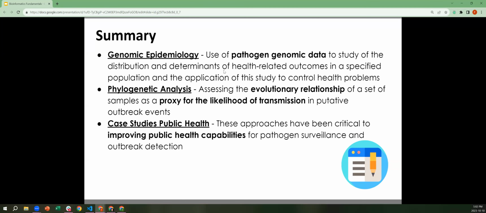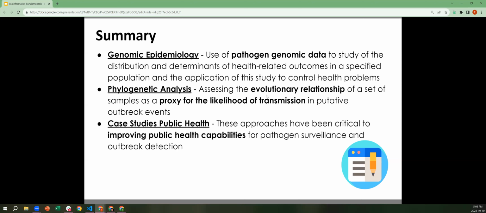So in summary, genomic epidemiology is the combination of pathogen genomic data with traditional epidemiological data, such as geographic relatedness, to create a 1 + 1 = 3 super high resolution, super information rich phylogenetic tree. Phylogenetic analysis allows us to visualize the evolutionary relationships in a tree.